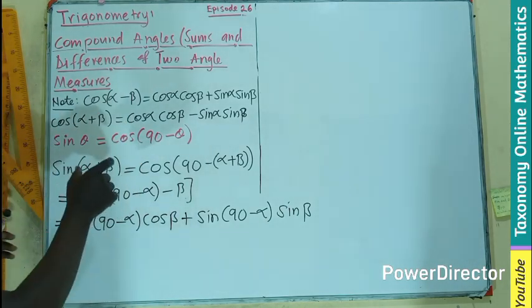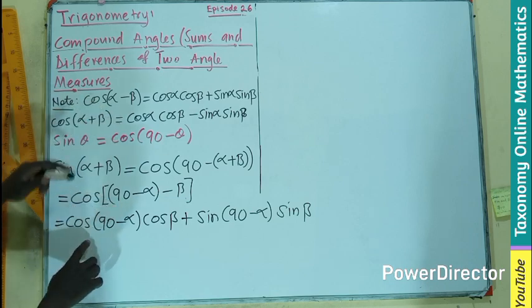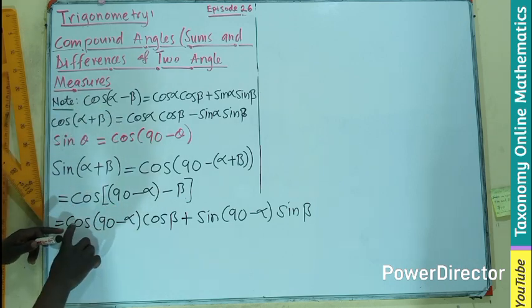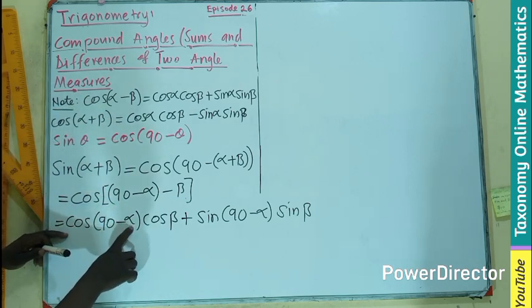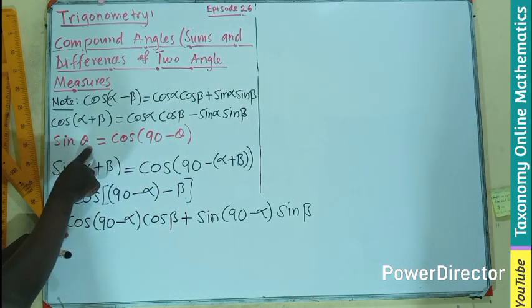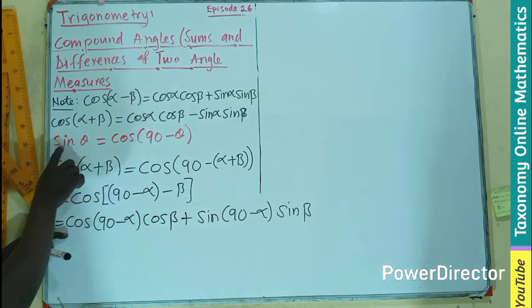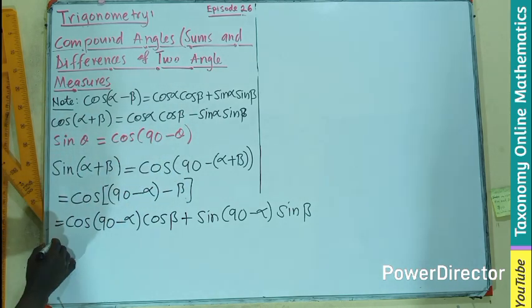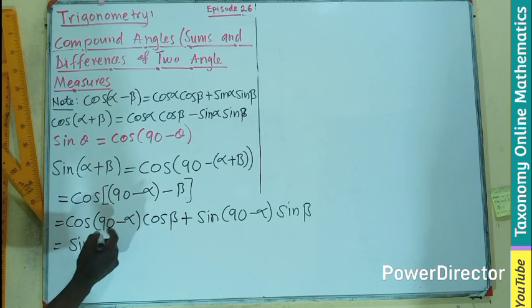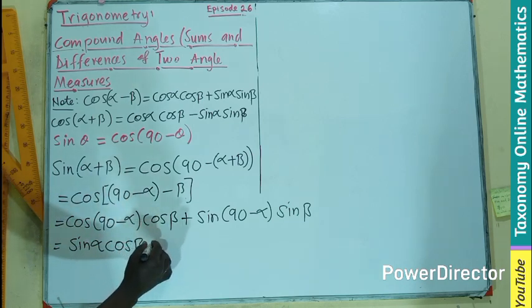So we have expanded this term accordingly. But cos of 90 minus alpha equals sine of alpha. So this is simply sine of alpha multiplying the cos of beta.